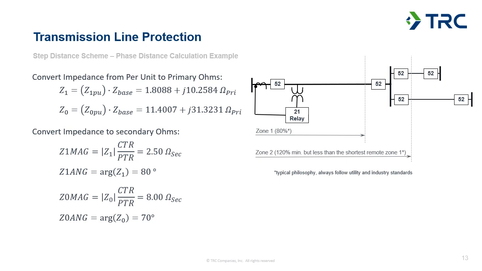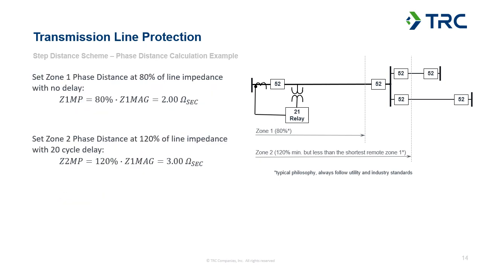And for our zero sequence impedance magnitude, we calculate that out to 8 ohms secondary and 70 degrees for the angle. We'll use these as a basis and starting point for the rest of our settings calculations, because now we know how the relay views the impedance of the transmission line we're trying to protect, because we're going to be making all those measurements in secondary quantities.